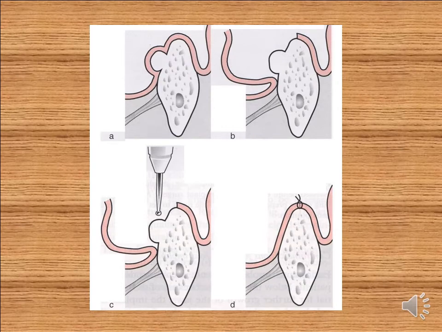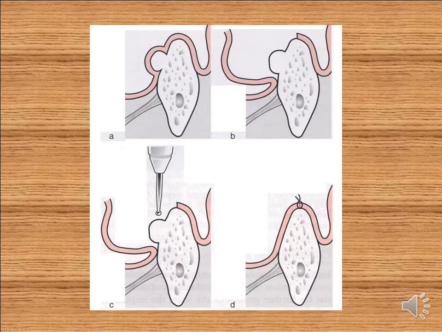We can remove it like in the maxilla. We remove an elliptical shape above the ridge of the mandible, and with a round surgical bur we remove it, smooth this side with the bone file, and then suture it.